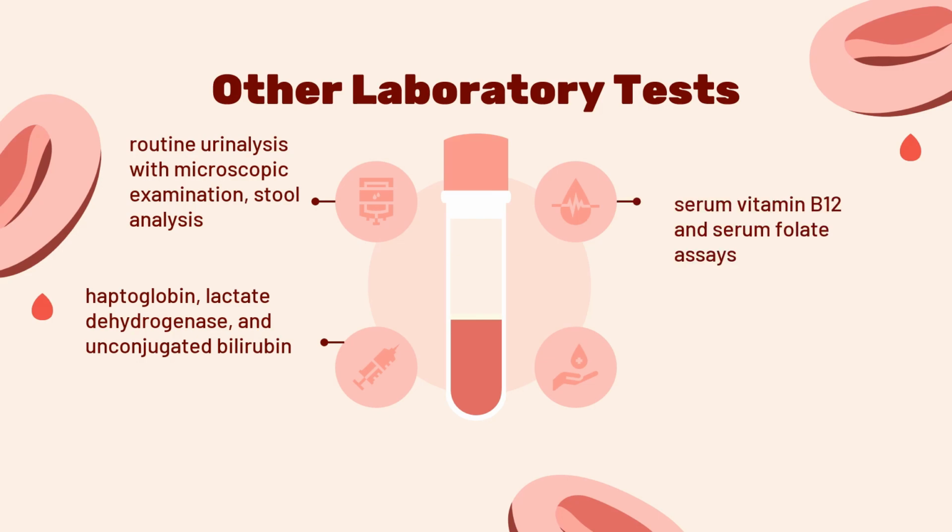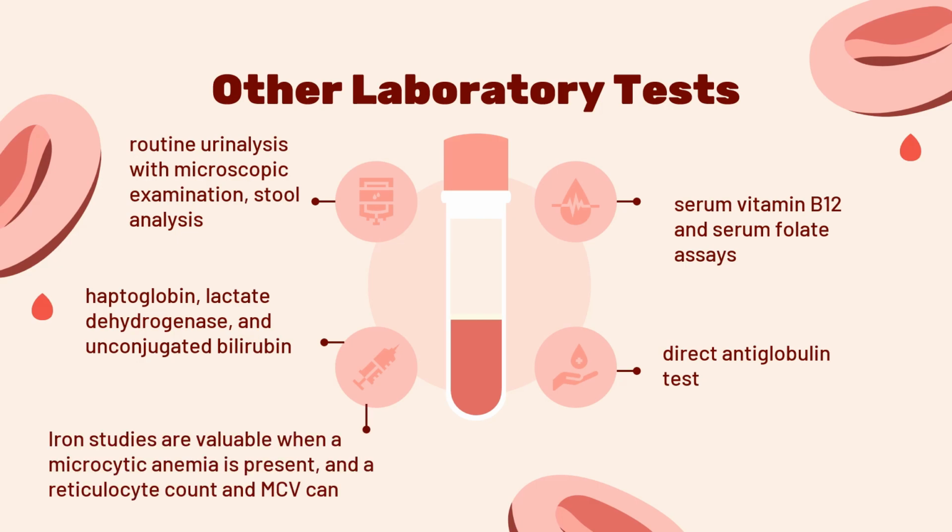In addition, serum vitamin B12 and serum folate assays are useful for investigating macrocytic anemia, while a direct antiglobulin test can differentiate autoimmune hemolytic anemia from other causes. Iron studies are valuable when a microcytic anemia is present, and a reticulocyte count and MCV can also help classify anemia. In some cases, rare deficiencies like insufficient copper due to gastric bypass surgery can cause anemia.